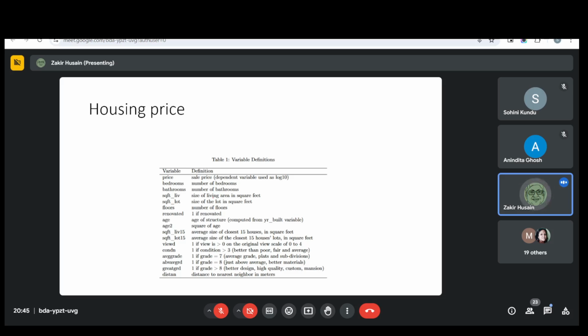So what happens is the price is the dependent variable. We actually take the log of price, and we also take a number of different explanatory variables.